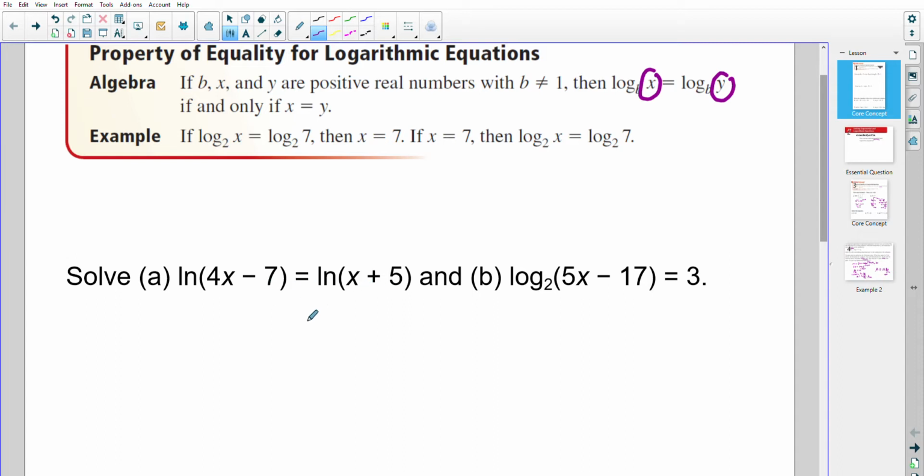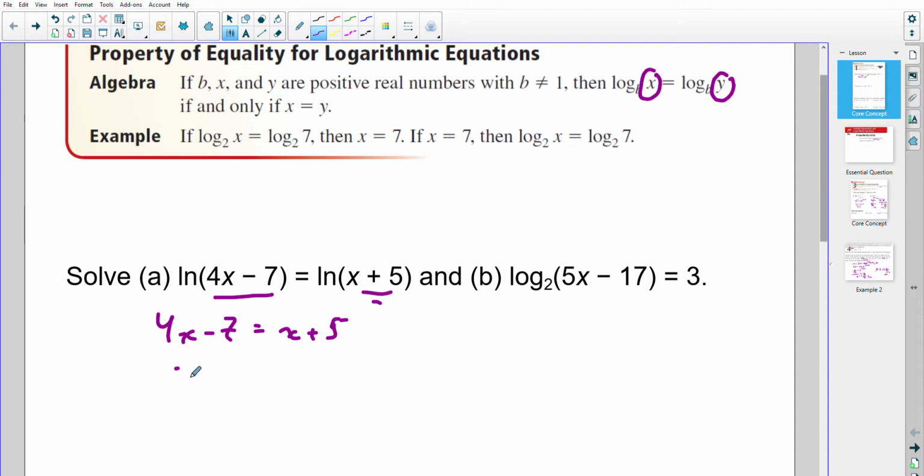So that's what we see in this first case, that the log base e is equal to the log base e. So therefore, these two have to be equal. I put them equal and solve for x.